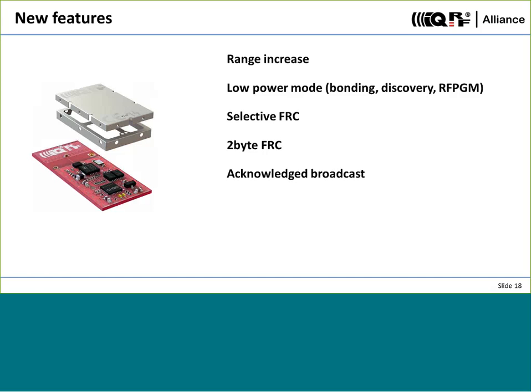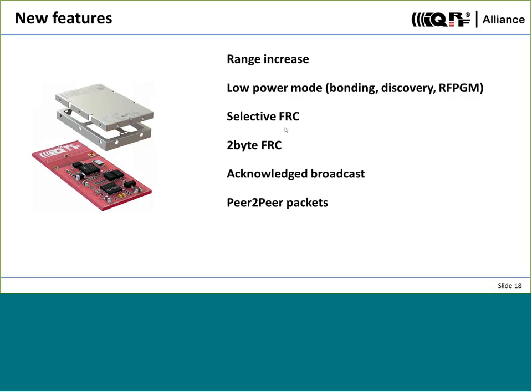And also you can combine it with the Selective FRC. So you say this and this lamp will switch on and give me data from the temperature. So you can combine the different types of commands and data collection, and everything is just in one communication. So it's very, very effective.